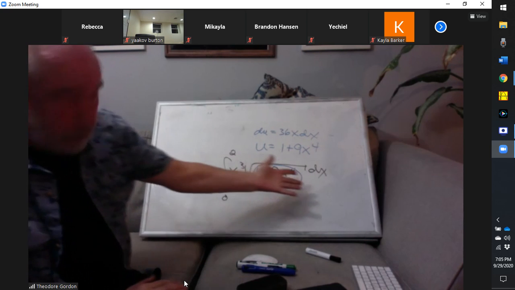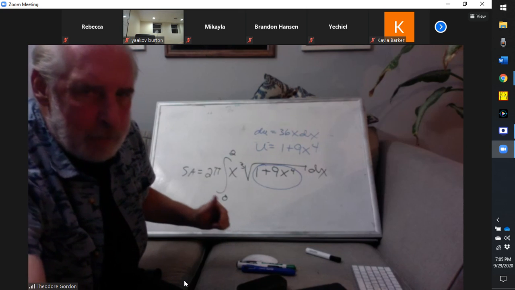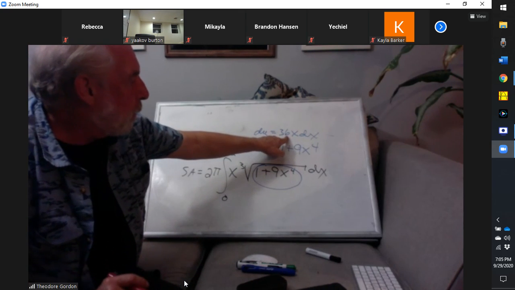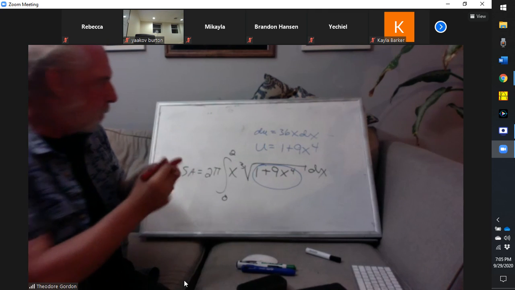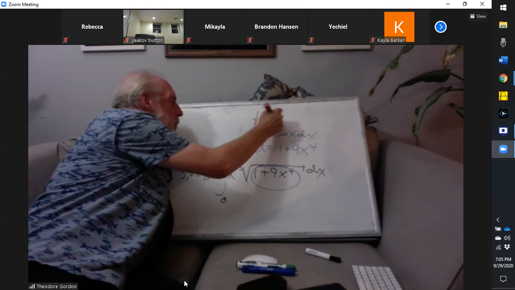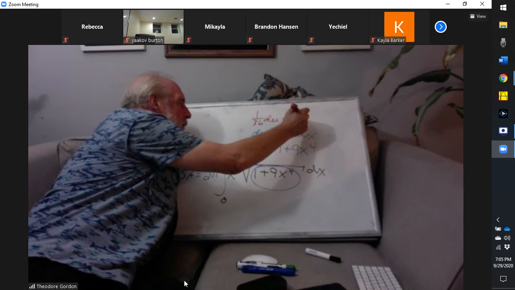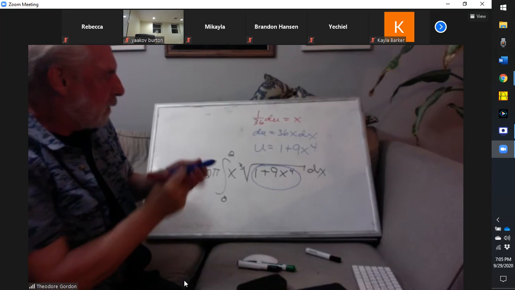There is no 36 in this problem. So we have to have an exact match up here. So the 36 has to come over to the other side. So we get 1 over 36 du is equal to x. Oh, sorry, I made a mistake. That should be 36x cubed.